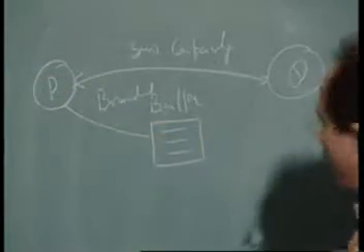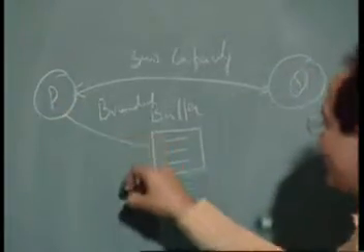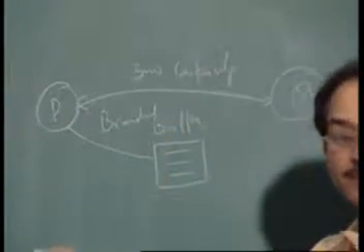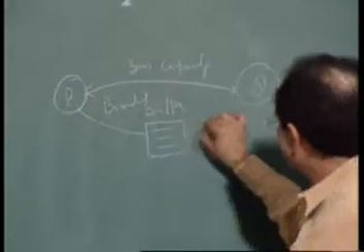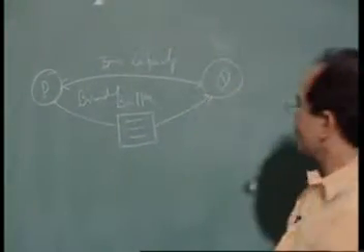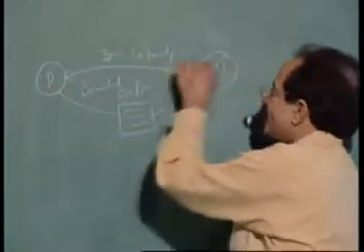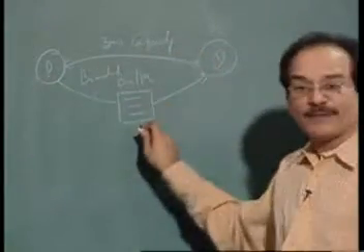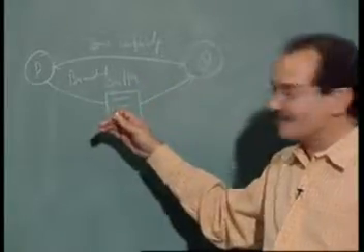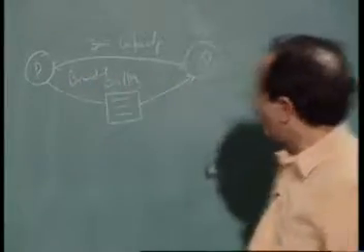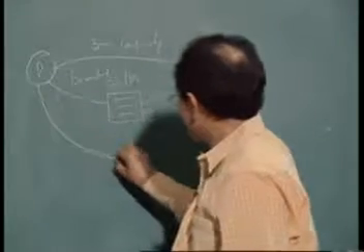In case process P sends more messages, they will not be put into the buffer. Between P and Q there is a buffer where we can put a fixed number of messages. This is what we call the bounded buffer.